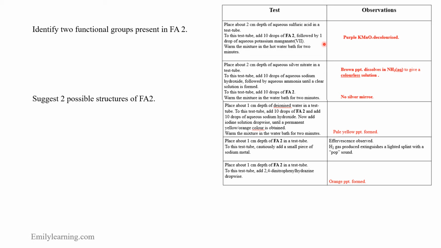So if it can be oxidized, what does it suggest? So I know that it is either an alcohol group or a carbonyl group present. Then let me also write down the molecular formula C4H8O2.